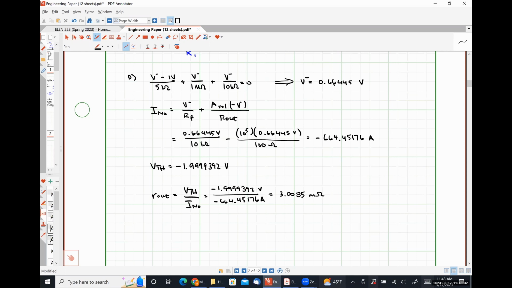All right, so that's a good stopping point for today. What we are going to do on Monday's class is we're going to go over those negative feedback op amp topologies that I talked about way back in circuits 1. Literally the exact same thing.